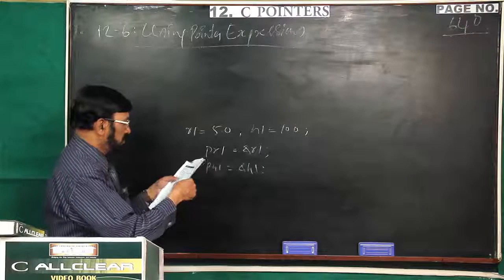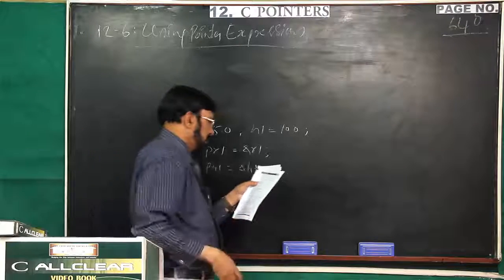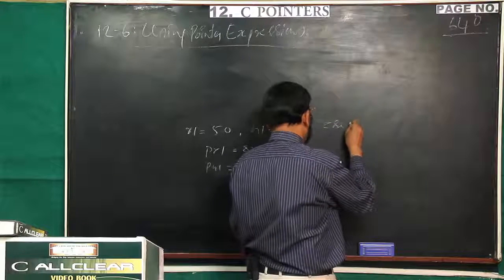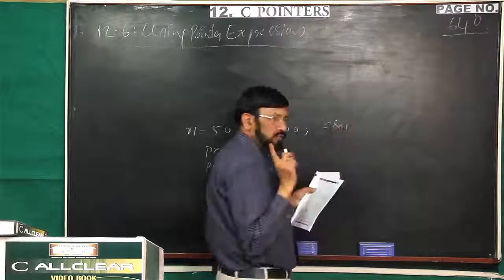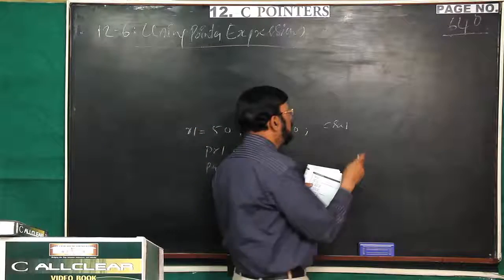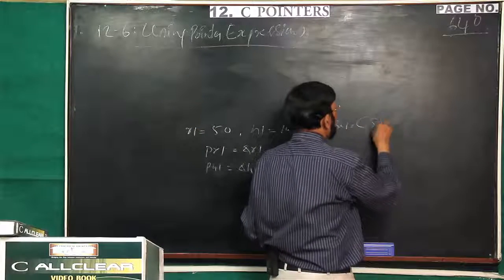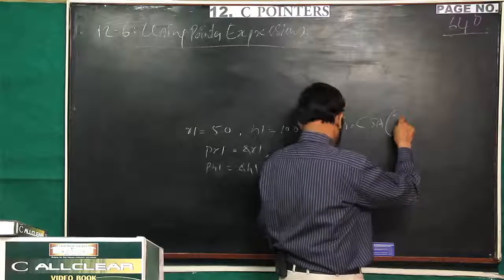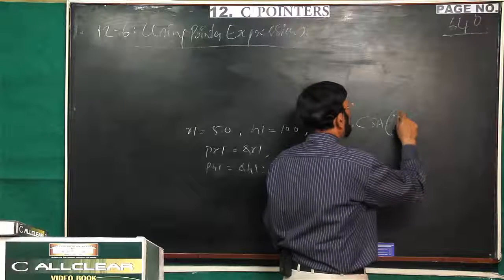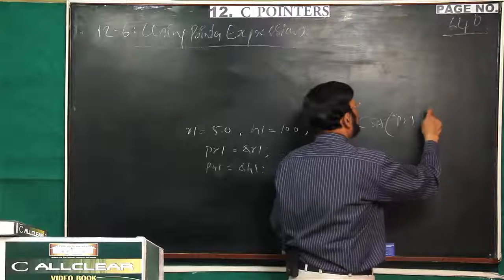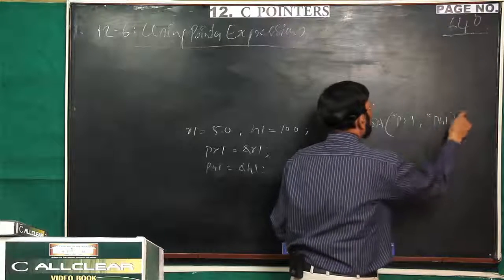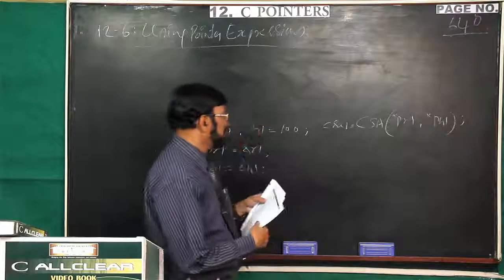Then how to apply this? Now CSA, curved surface area 1, because there are two cylinders, the first cylinder. Now CSA, this is a call of the parameterized macro. Now what we are passing, *PR1 *PH1. Just understand this.